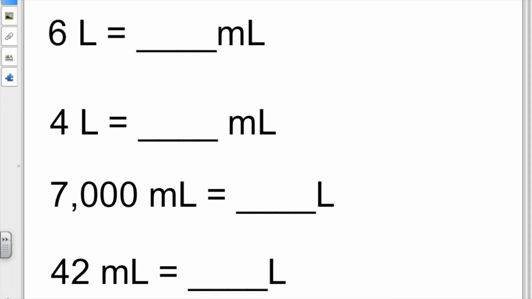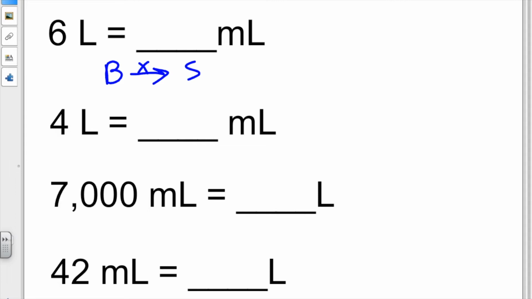All right. So remember, big to small multiply and small to big divide? We're going to use that exact same thing today, and that's kind of like going up and down your metric staircase. So we have 6 liters equals blank milliliters. We're just going to do these problems just watching me, and we'll do something together here soon. So liter is much bigger than a milliliter. So we're going from big to small on this first problem, which means we have to multiply.